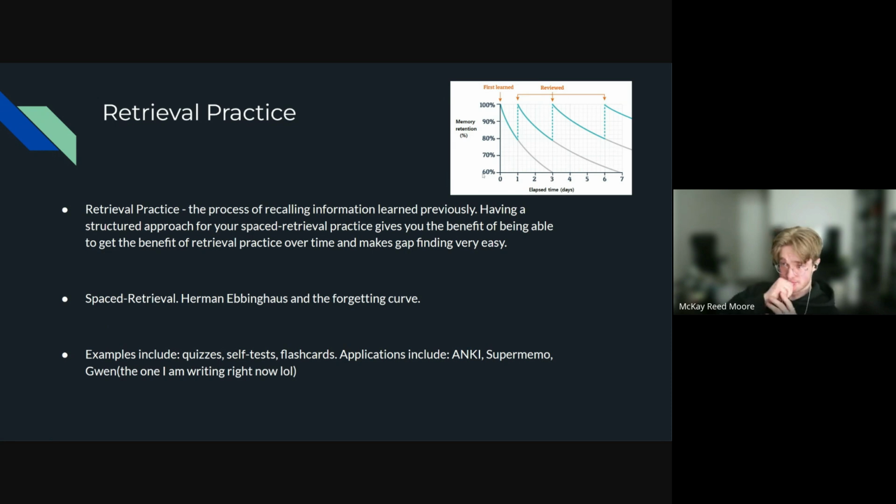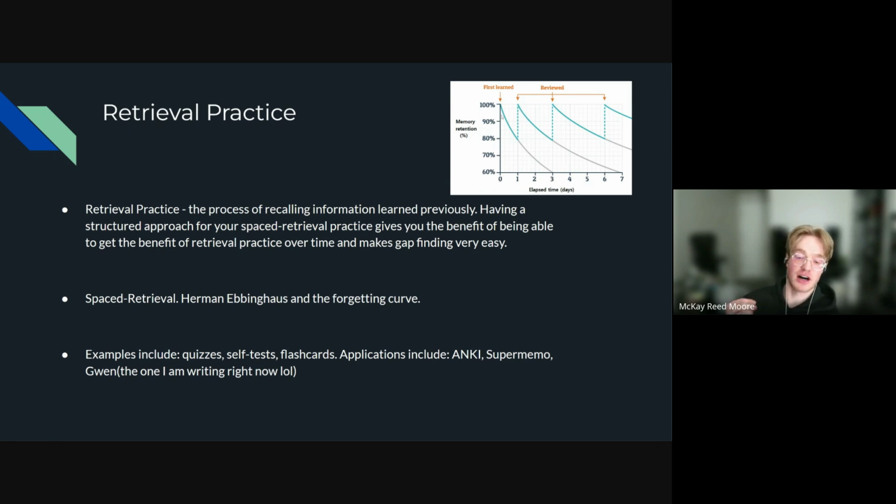And so you can see that I would forget quickly. And if this trend continues as represented by this gray line down here, at 3 days, I would remember 60% of what I learned. I don't know about you, but that's incredibly bleak to think that I learned this particular thing, and then so shortly after I've learned it, I could not even tell you about it. And so what retrieval practice does is it helps you get back to that state of understanding that thing.